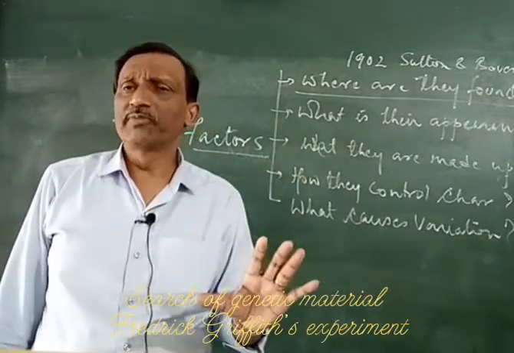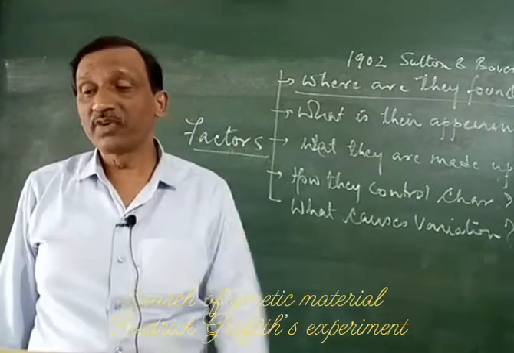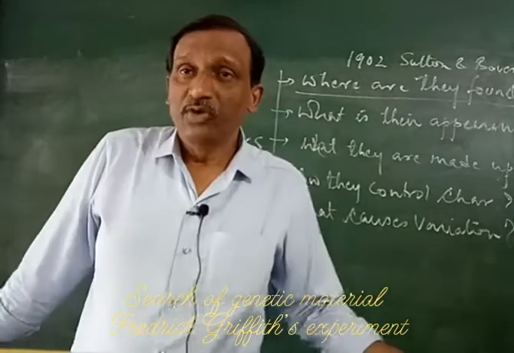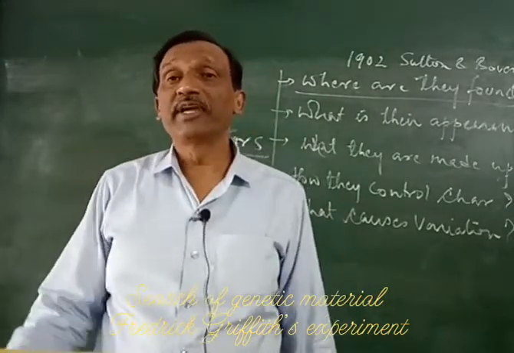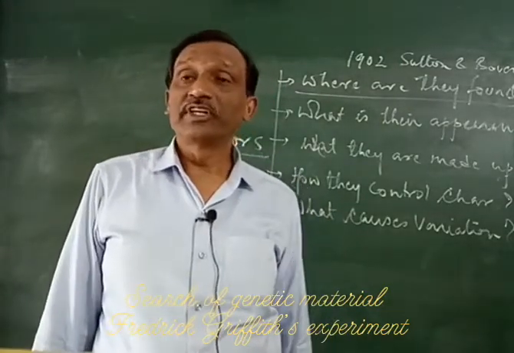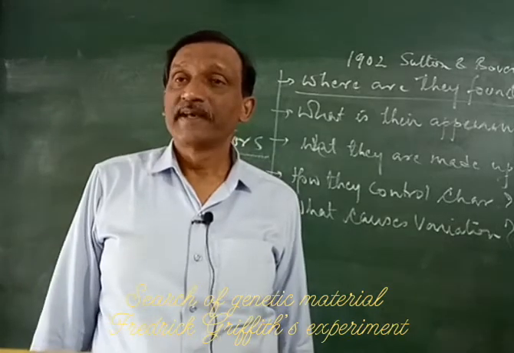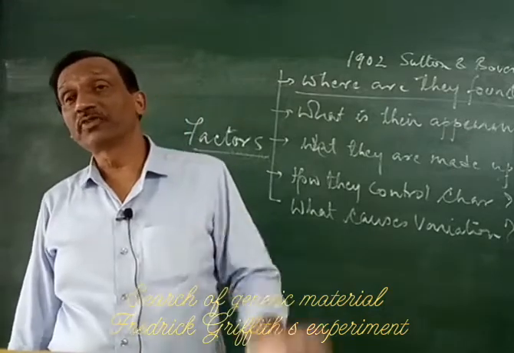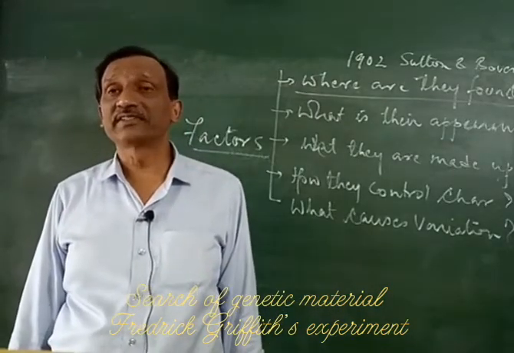There are only a few chromosomes, but a large number of factors can be arranged on them, as there are only a few trains, but each train may accommodate some 300 to 400, 700 passengers. Similarly, each chromosome can carry some 2,000, 3,000, 4,000 or even 5,000 factors.